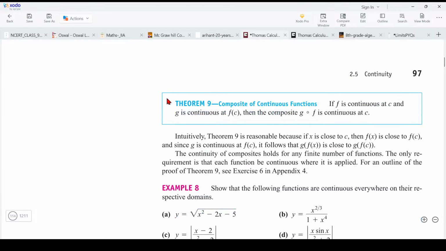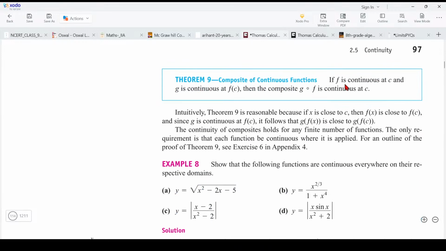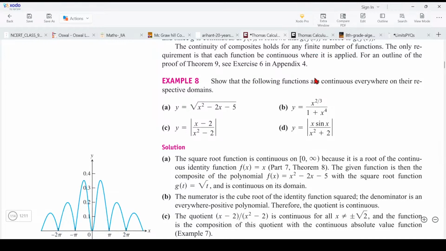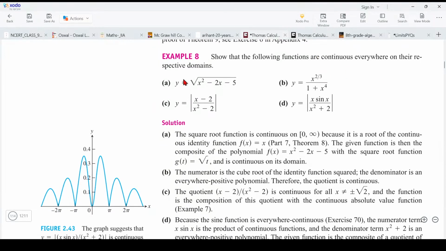Now, composite of functions: if f is continuous and g is continuous, then g of f is also continuous. Simple. This is actually the square root of some parabola. Obviously it is continuous. x to the power 4 plus 1 will never be equal to 0. So the numerator is continuous, the denominator is continuous, and there are no zeros.